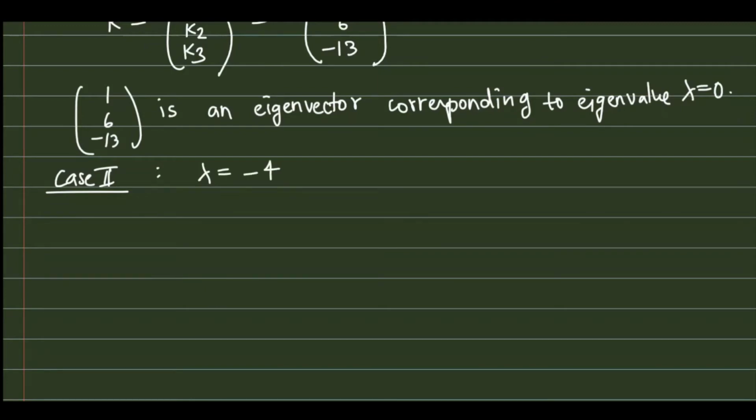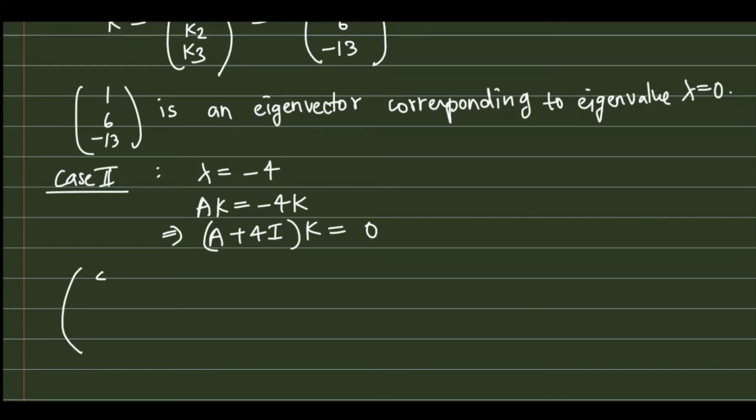As we did in the case of 0, in the same way we have to proceed. So in this case we will get AK equal to minus 4K. Lambda is minus 4, so this implies (A plus 4I) K equal to 0. A plus 4I we can do it.